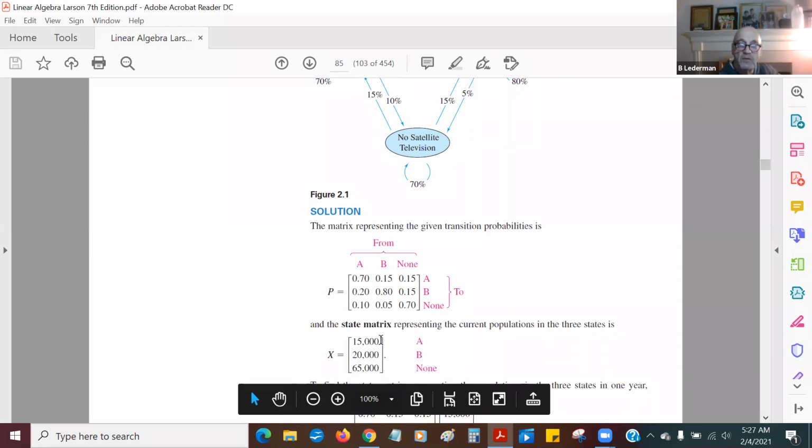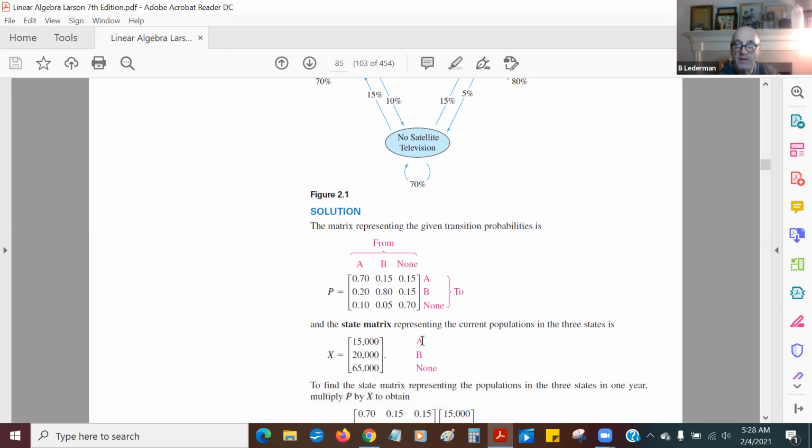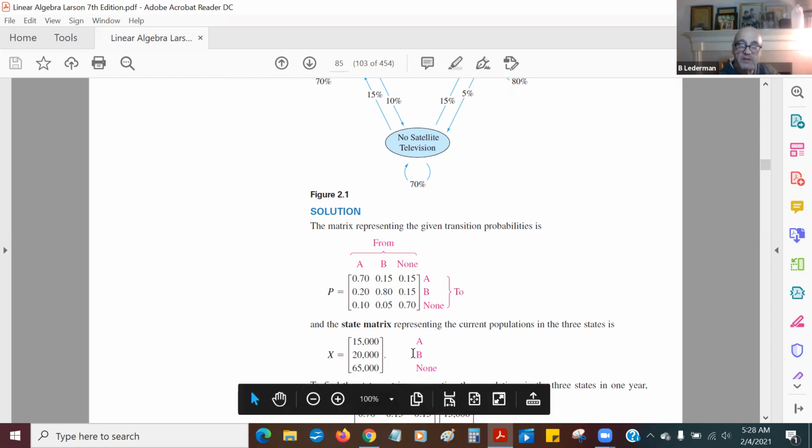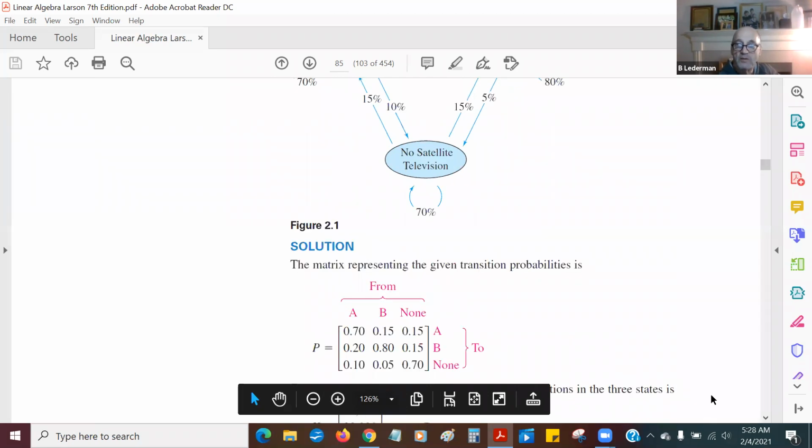Where do these numbers come from? We said in the given that 15,000 people have satellite company A, 20,000 are signed up right now in company B, which means by subtraction there are 65,000 who don't have any satellite. So that's the story with that.